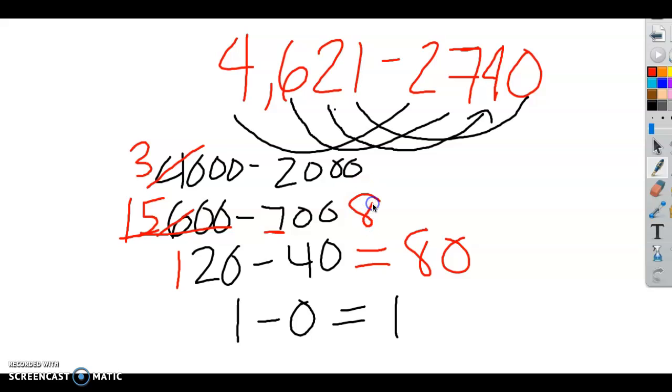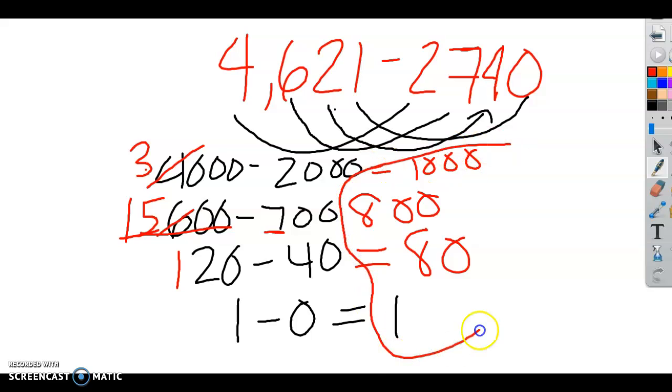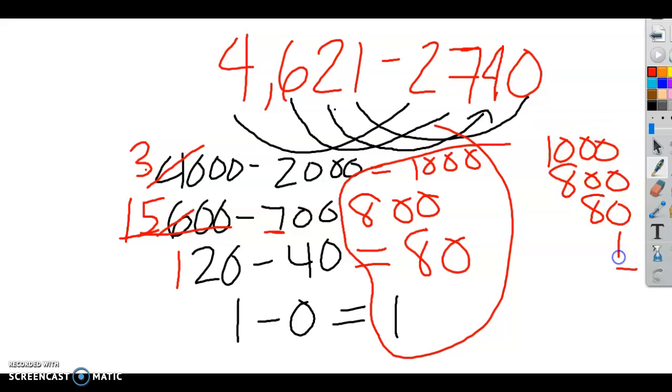Good, 8. Then add your zeros, 800. And then 3,000 minus 2,000 equals 1,000. So now I can solve this problem. So 1,000 plus 800 plus 80 plus 1 is what? 1,881. That will be my final answer.